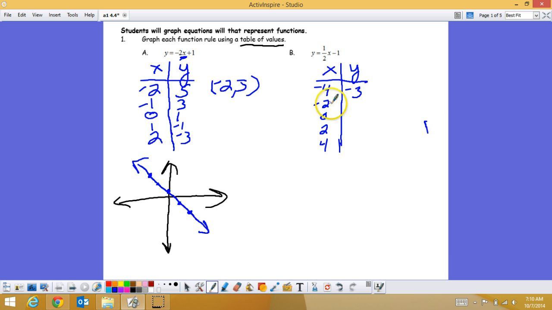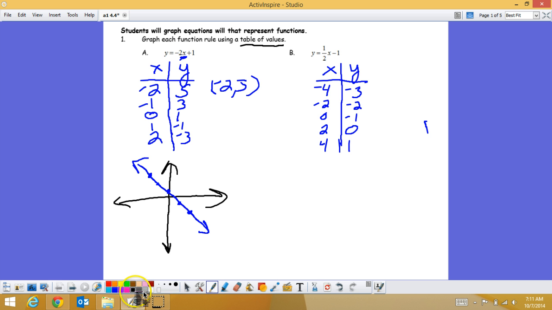Plugging -2 in for x, 1/2 times -2 is -1. Minus 1 is -2. Plugging 0 in for x, 1/2 times 0 is 0, minus 1 is -1. 1/2 times 2 is 1, minus 1 is 0. And 1/2 times 4 is 2, minus 1 is in fact 1.